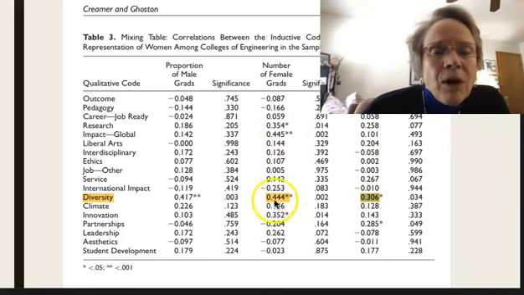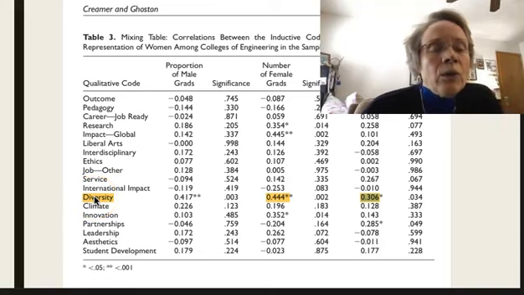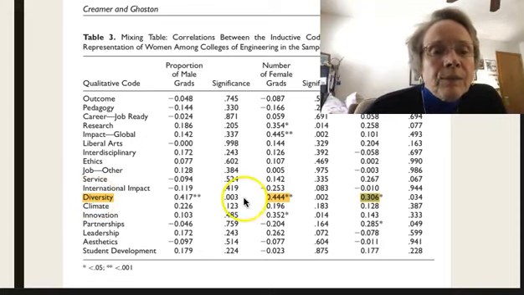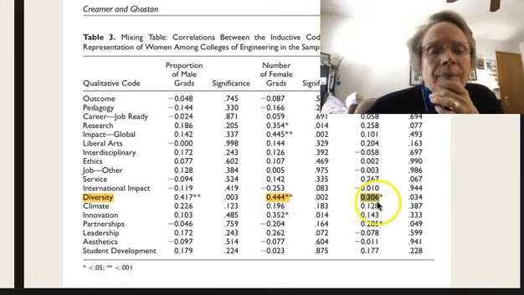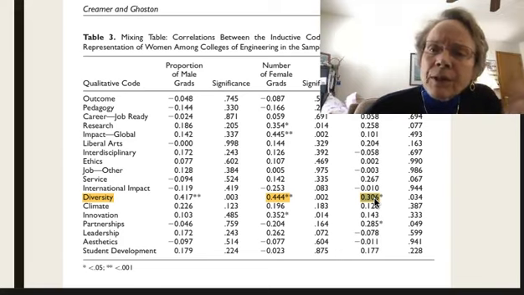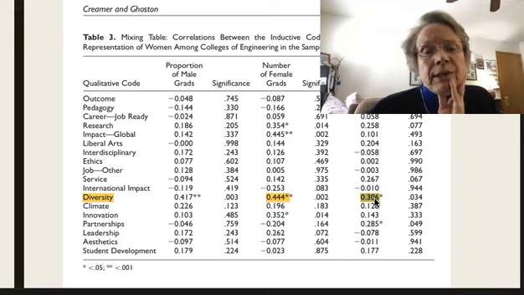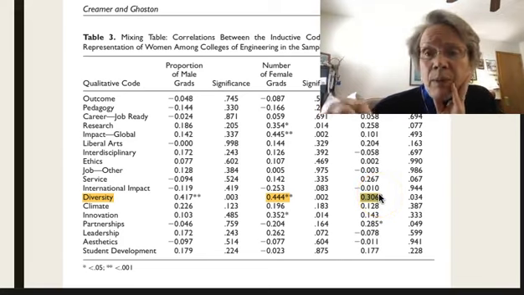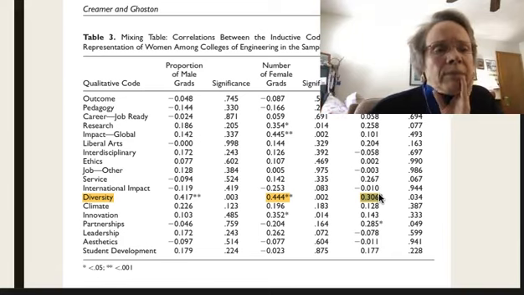And then the strongest and most consistent link here is with the diversity code. So items that we coded to reflect diversity had the strongest connections, reinforcing some connection between mission statements and the representation of women.